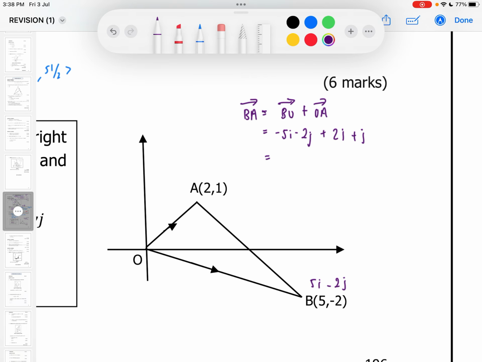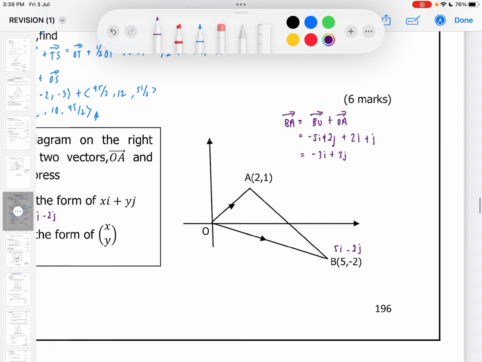Okay, so that is going to become, okay, right, yeah, correct. Okay, negative 3i plus 3j, right? Okay, wait, there is a blunder somewhere. This is supposed to be plus. Okay, now it's correct.